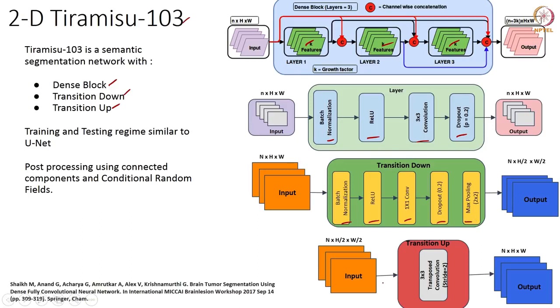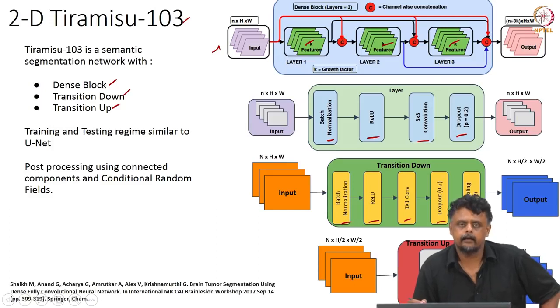The transition up layer has 3 cross 3 transposed convolutions with a stride of 2, and the network actually predicts the entire input in one pass through the network.